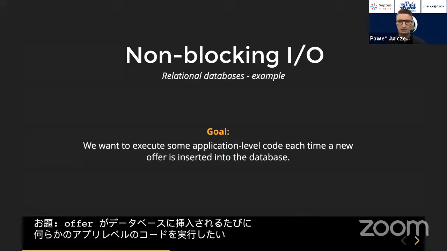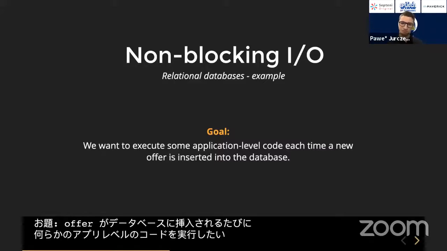So the use case we would like to solve here is as follows, okay? So let's assume that we have a relational table and each time some new row is inserted into the table, we would like to react at the application level and perform some logic related to that, okay?